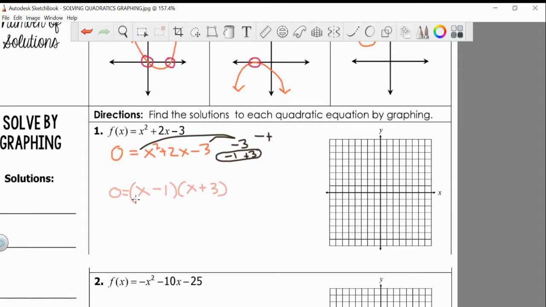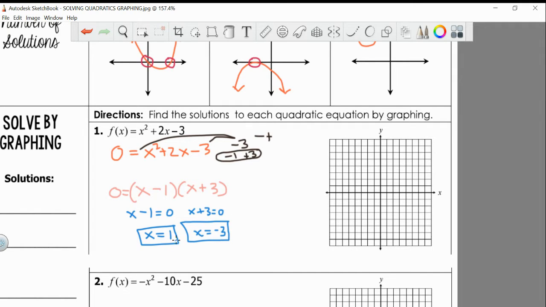We want to take those and turn them into solutions. So we take x minus 1 equals 0, add the 1 to the other side, x equals 1. Take this, x plus 3 equals 0, subtract the 3 from the other side, x equals negative 3. And that means that if these are my solutions, these are also my x-intercepts.